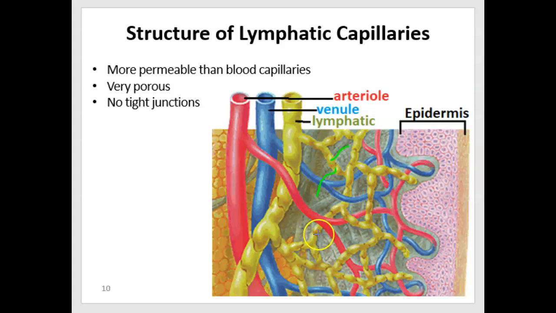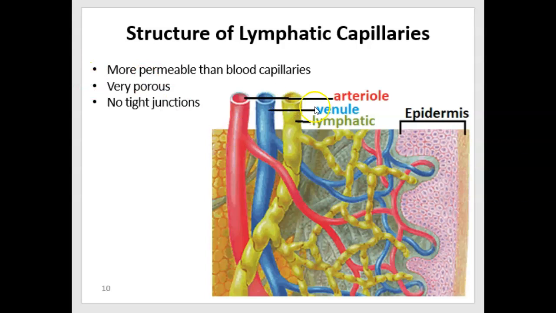They're very porous, and that's because there's no tight junctions in between the cells that make up the wall of the capillary. Remember, in continuous blood capillaries, there were tight junctions, but in lymphatic capillaries, there aren't.